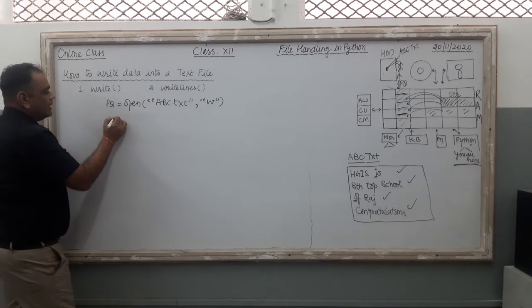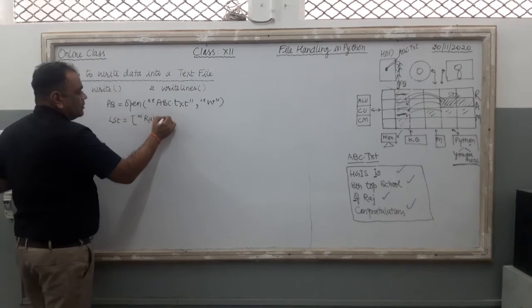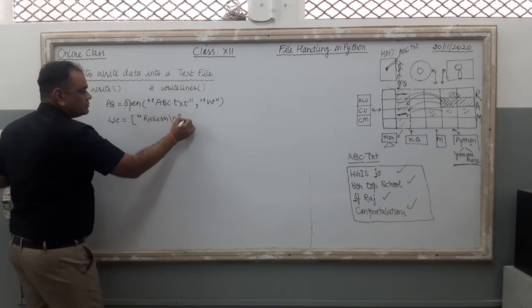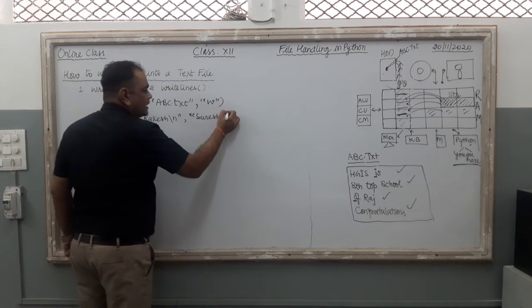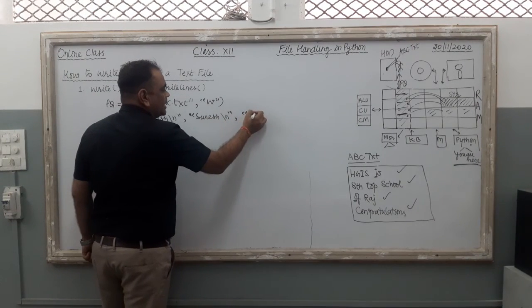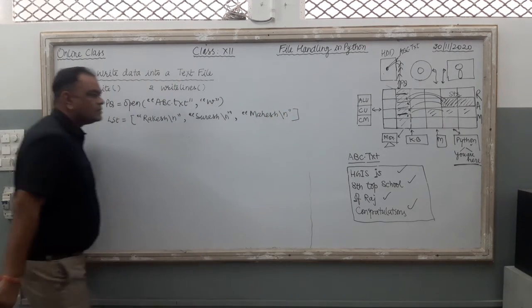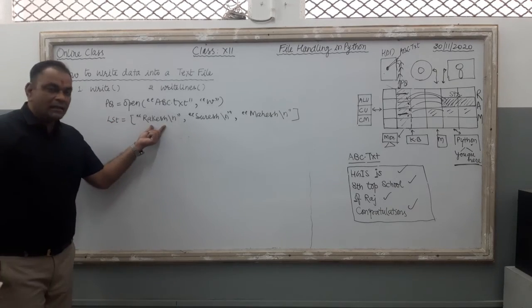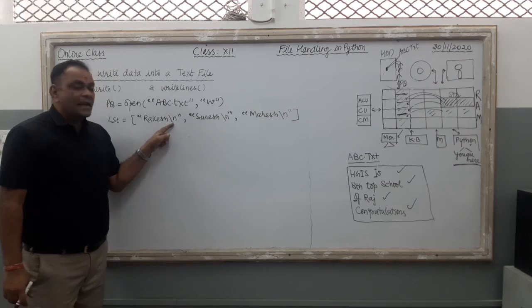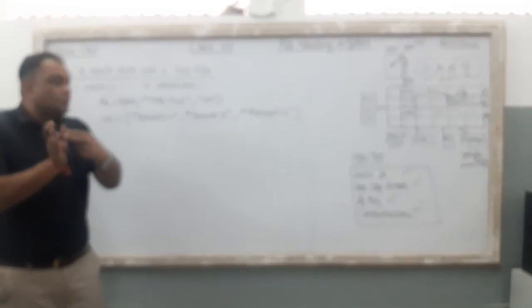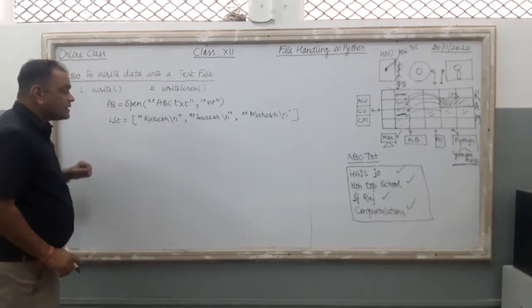Done. Now I just create a list variable lst equal to Rakesh slash n, here Suresh slash n, and then the third one is Mahesh slash n. It is my list variable. lst, 3 elements are there in the list, 1, 2 and 3, and all these elements terminated by slash n. अगर मैं slash n नहीं लगाता हूँ तो रमेश, सुरेश और महेश एक ही लाइन में आ जाएंगे फाइल के अंदर. Clear?